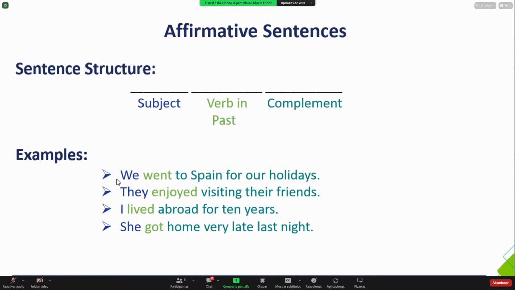As you can see, we have we as a subject, went, verb, and to Spain for our holidays, the complement. They, subject, enjoyed, verb in past, visiting their friends, complement.